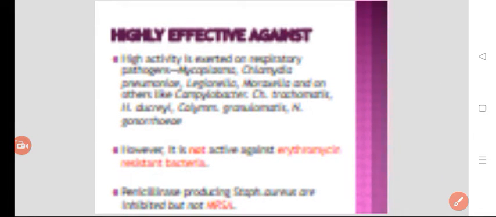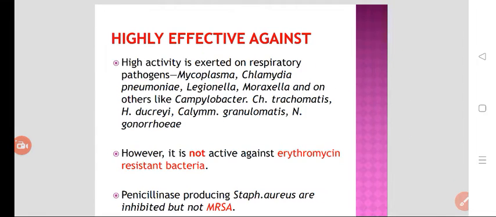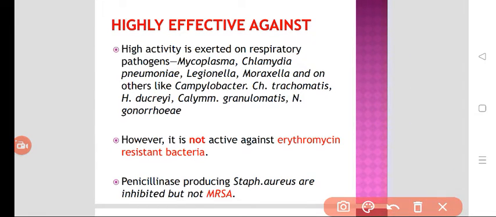But the most important thing about azithromycin is that it is highly effective against respiratory pathogens.